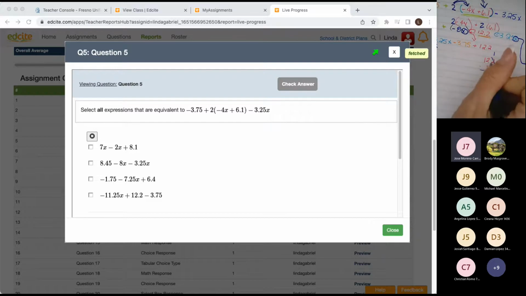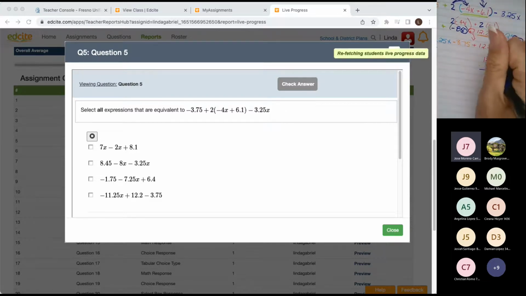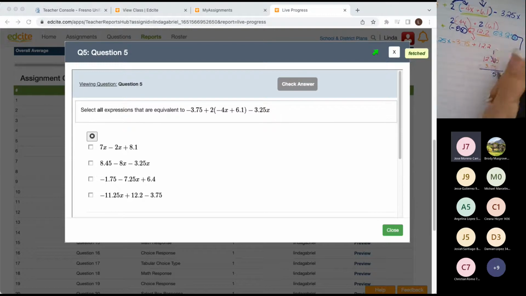So I turn it into 12.20. So borrowed 1, 10 minus 5 is equal to 5. 1 minus 7 I can't do. I need to borrow 1. So I've got 11 minus 7, that's going to give me 4. 1 minus 3 I can't do, so I need to borrow 1. 11 minus 3 gives me 8.